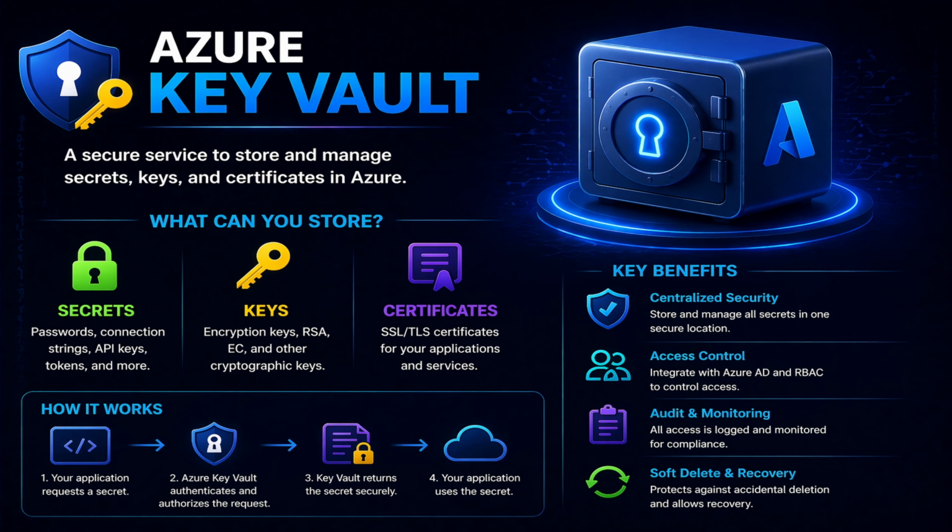We also get access control with Azure AD integration, plus auditing and monitoring, so we can track who accessed what. And honestly, soft delete is a lifesaver. If somebody accidentally deleted a secret during a production issue at 2 a.m., hopefully not us, we can still recover it. And at the bottom, you can see how the process works.